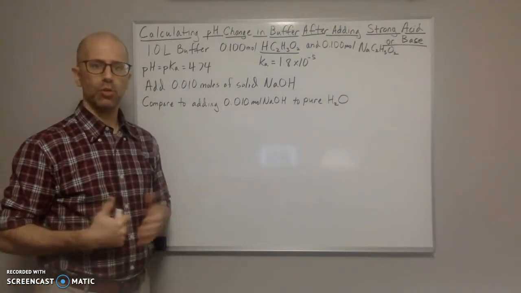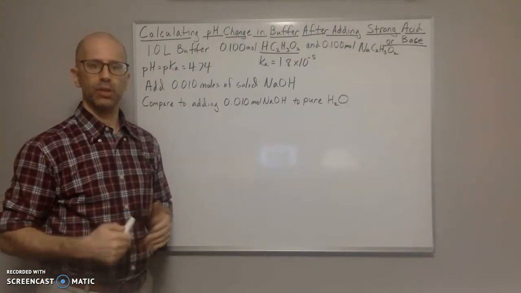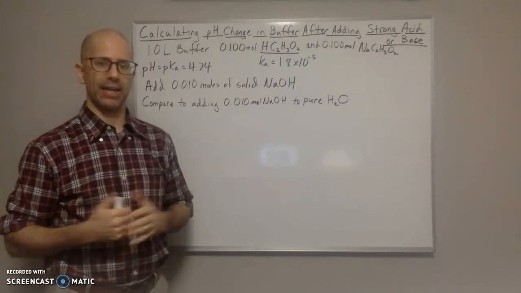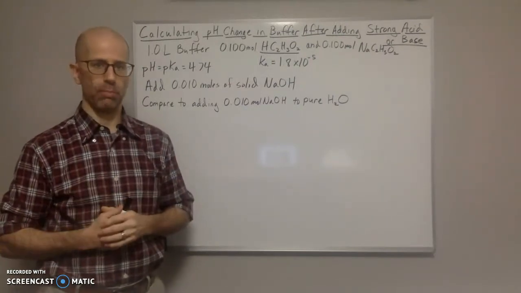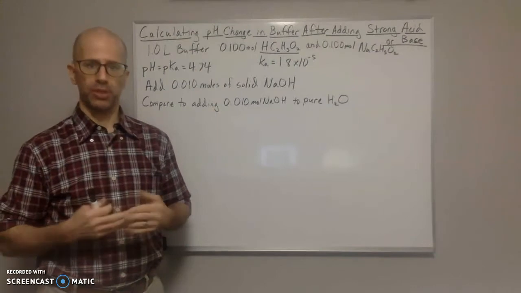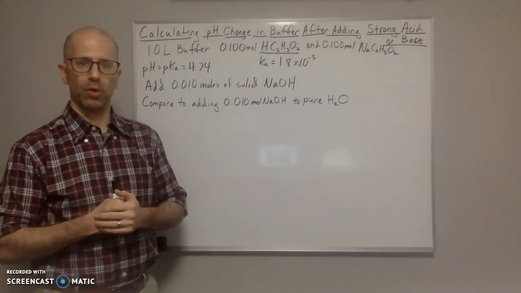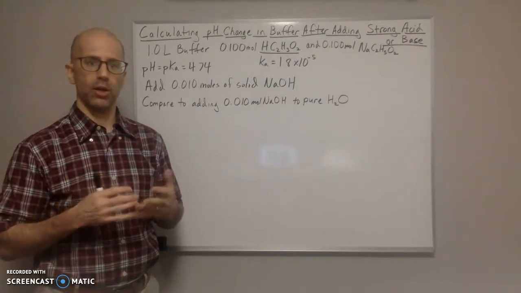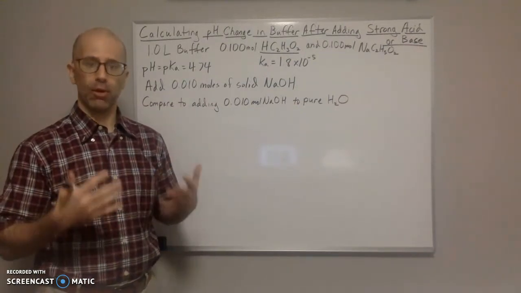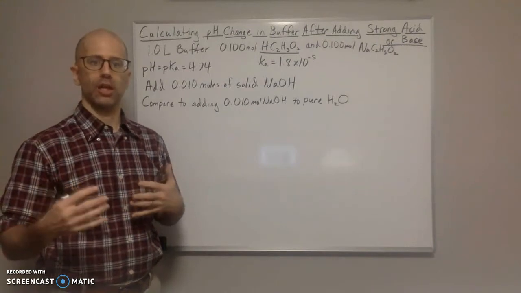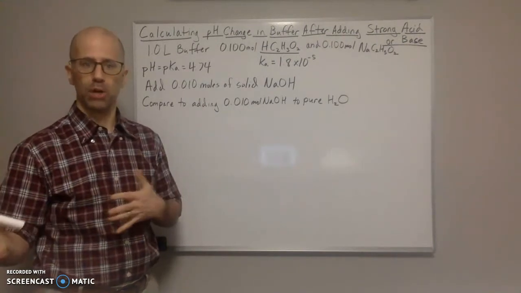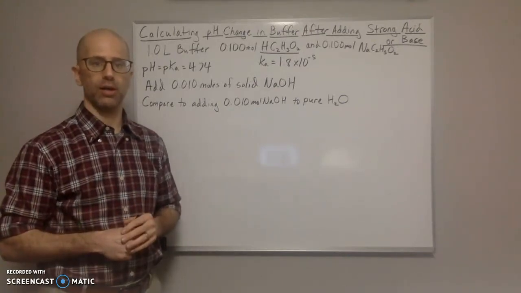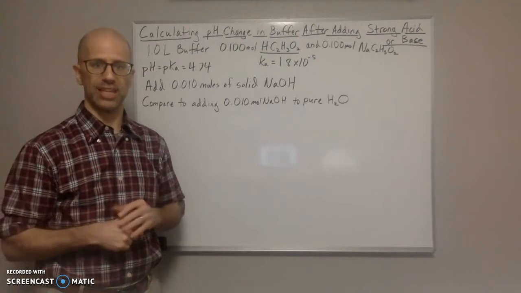My name is Mr. Kowalt, and in this video I'm going to show how to calculate the change of a buffer when you add a strong acid or base to it. It's pretty simple. The first step is a stoichiometry step where you calculate how much of the strong base or strong acid reacts with either your base or your acid in the buffer.